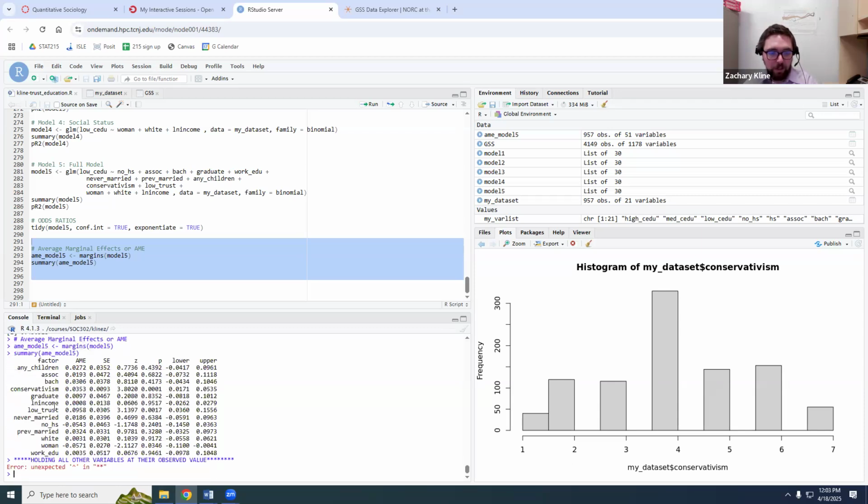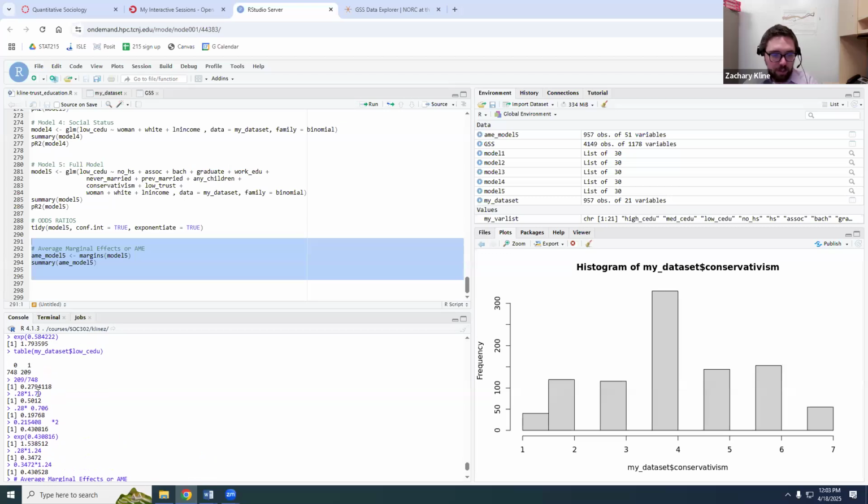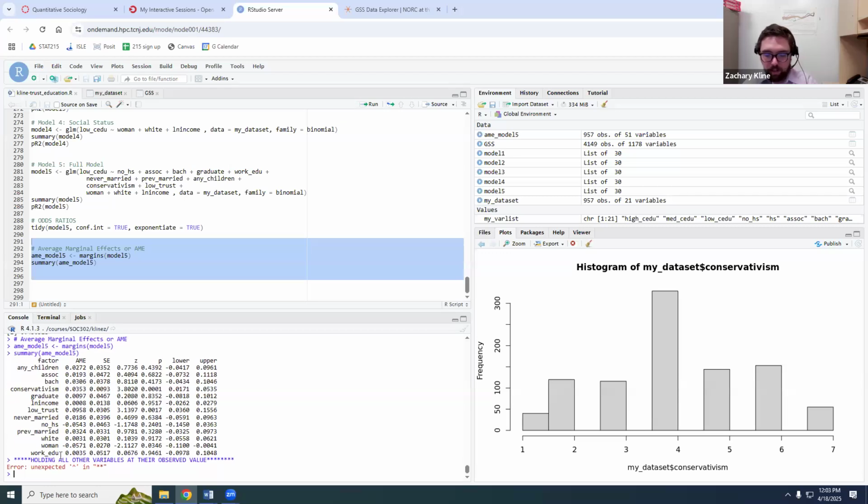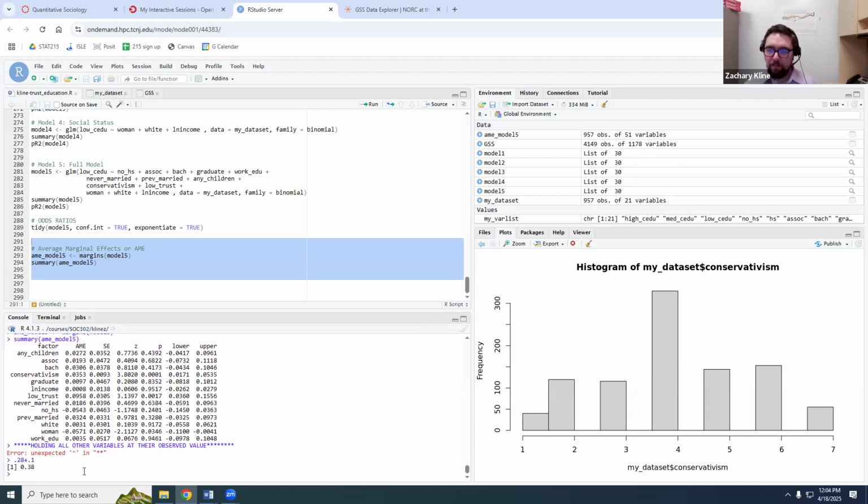If the probability for someone without low trust, our baseline, was 27, 28%, then the probability for someone with low trust would be plus around 0.1. So 0.28 plus 0.1, the probability would be around 0.38.